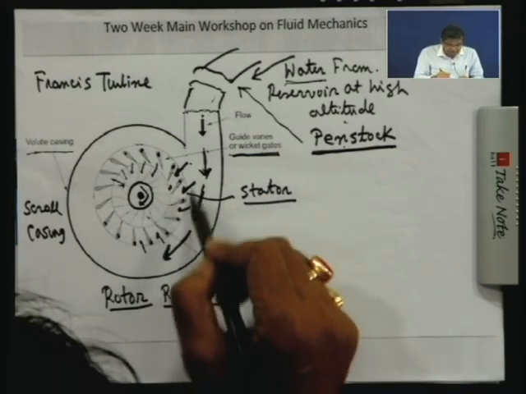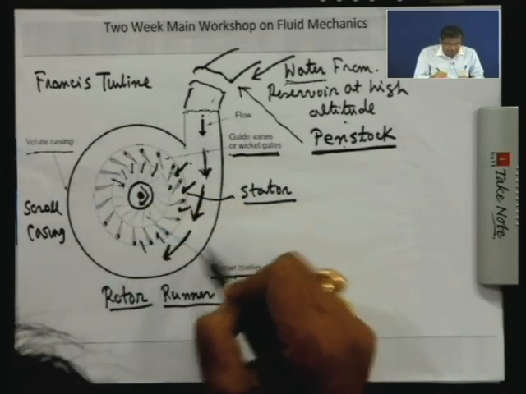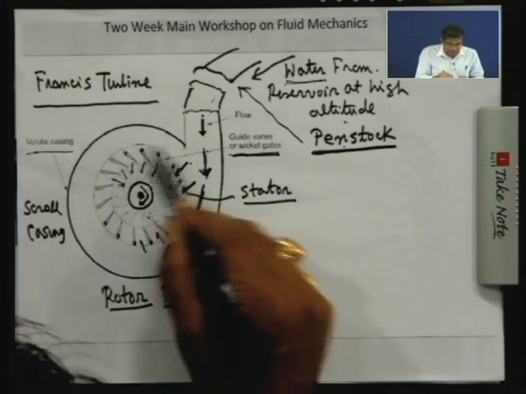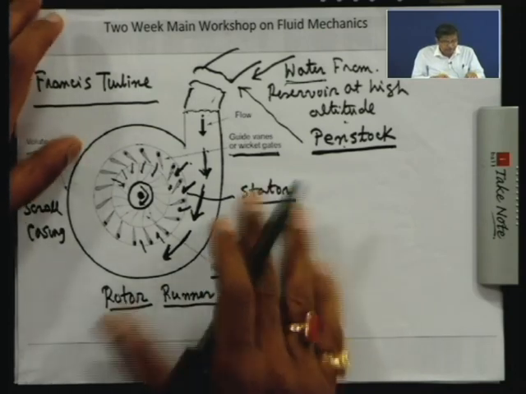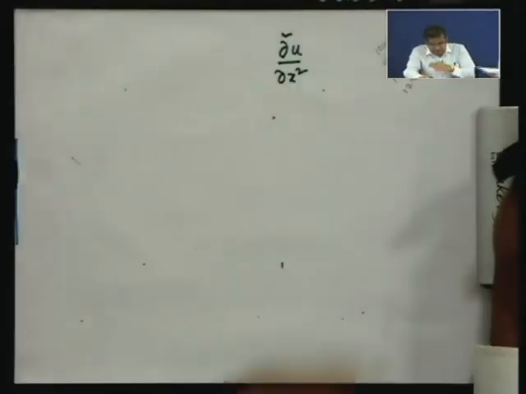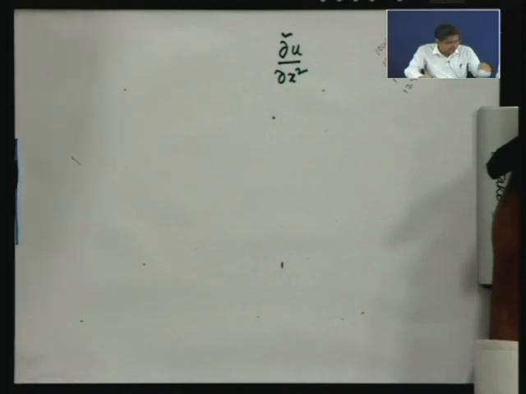So, this is the overall view or a schematic view of a reaction turbine called the Francis turbine, a hydraulic reaction turbine, and the flow diagram. Now, before proceeding to the next, we will first understand, in general for a reaction turbine, what is the net head across a reaction turbine.